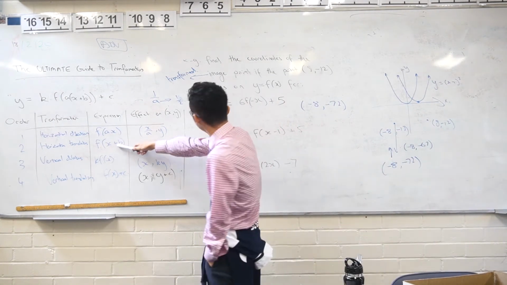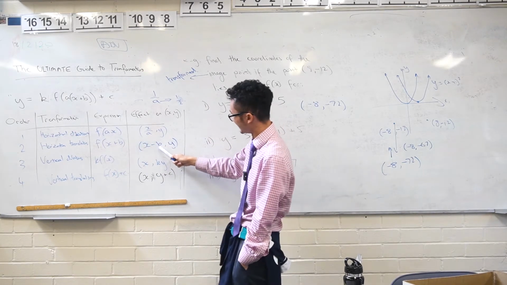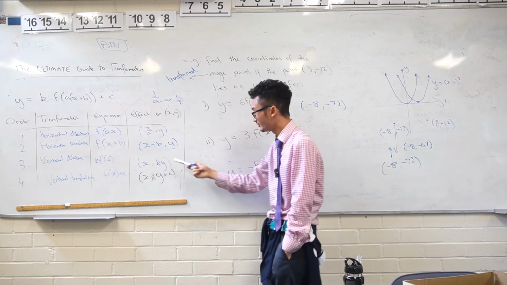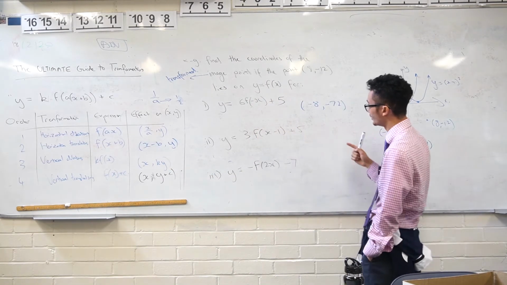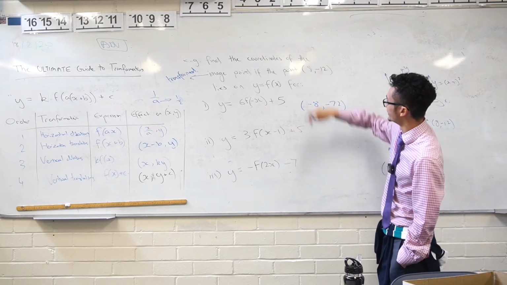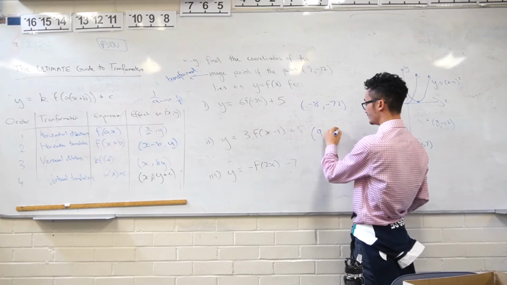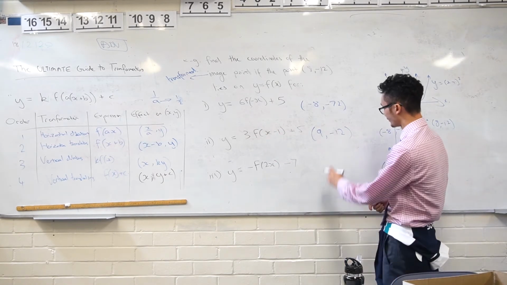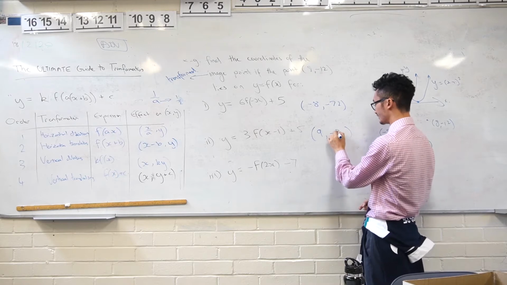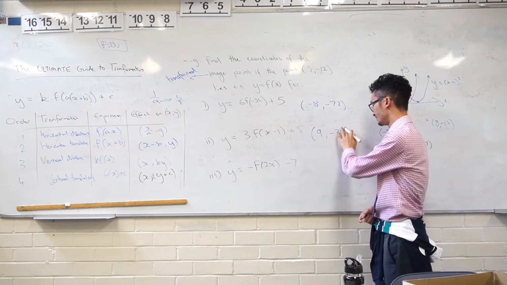If b is negative 1, then when you put in b here as negative 1, you're going to be adding this value. So you're moving 1 to the right, so you're adding 1 to this value. That's going to become 9, negative 12. And then we've got a vertical dilation multiplying by 3, so that becomes negative 36 for the y value. Adding 5, so it'll be negative 31.